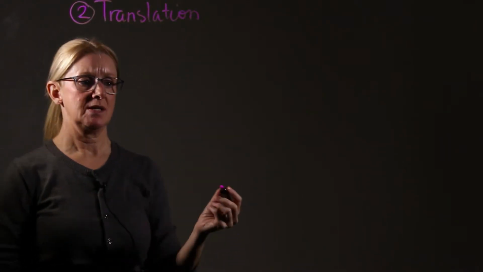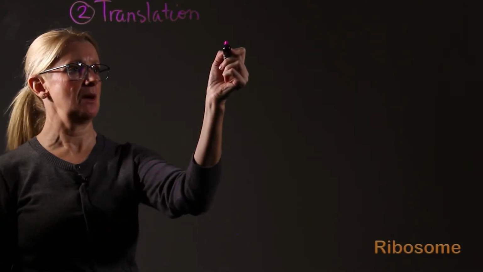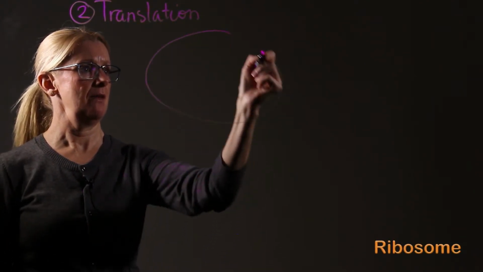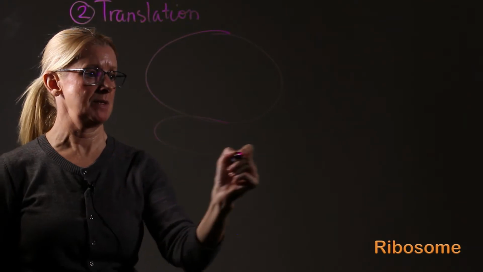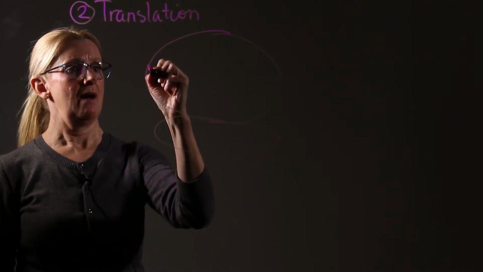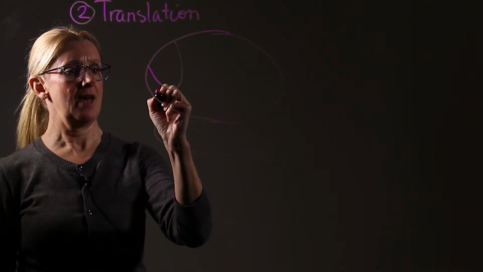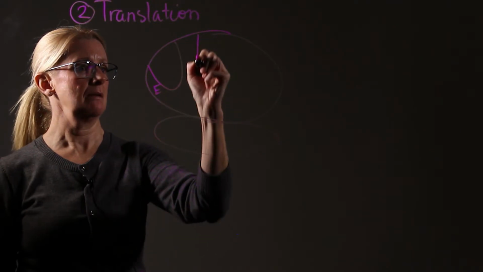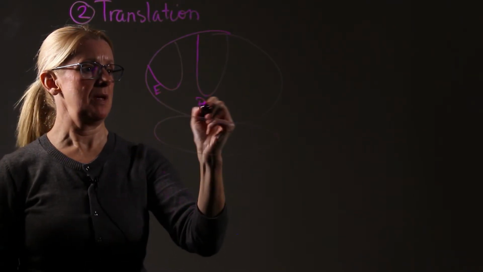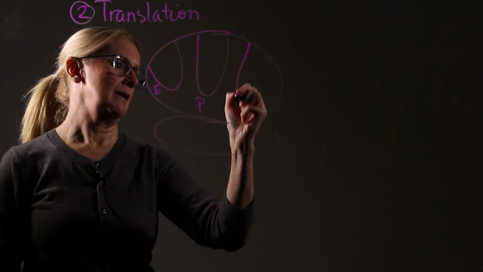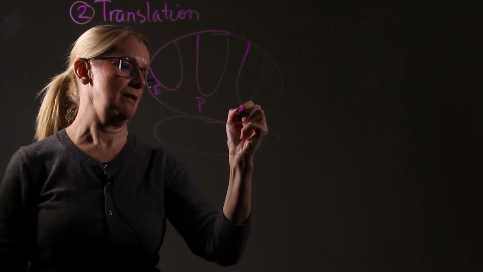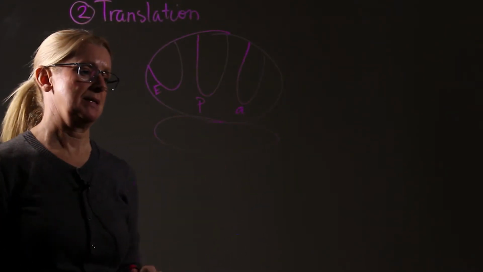All right, so we're going to continue on with that second step of protein synthesis, which is translation. But I want to get a closer look when we start talking about what's happening at the ribosome. So if we have a bigger picture of our ribosome here, we have the 3 sites. We have that exit site, we have the P or peptide site, and we have the A or amino acid site.